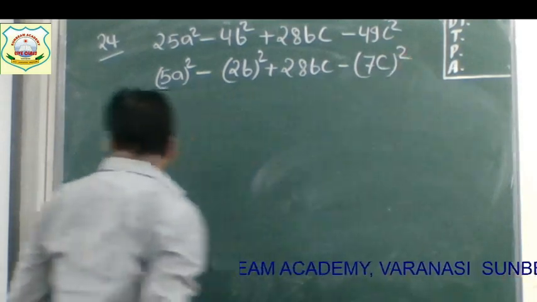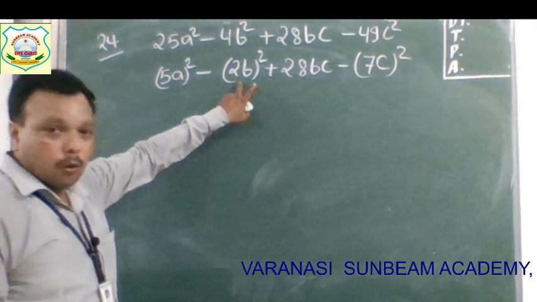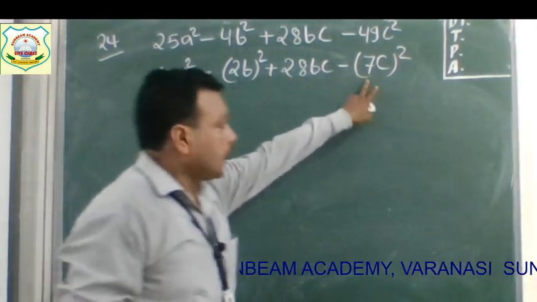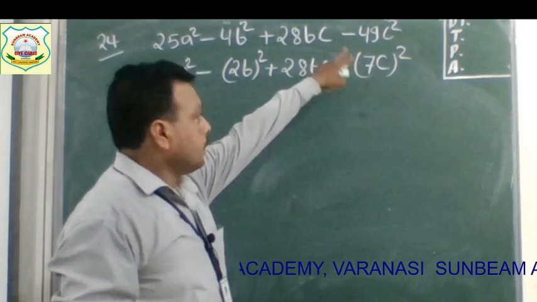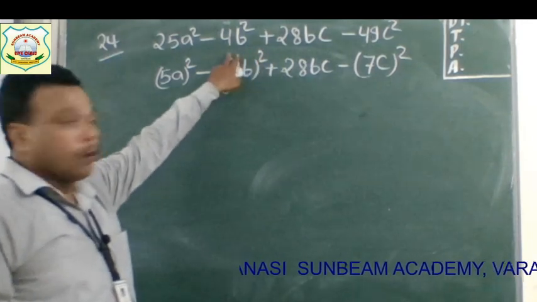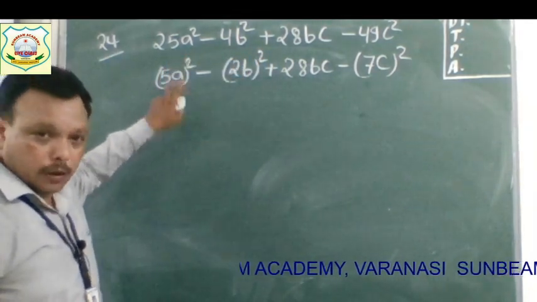So what we have done, students: 5a whole square minus 2b whole square plus 28bc minus 7c whole square. 7 is the square root of 49, so we have taken 7c whole square, 4b square is 2b whole square, and 25a square is 5a whole square.